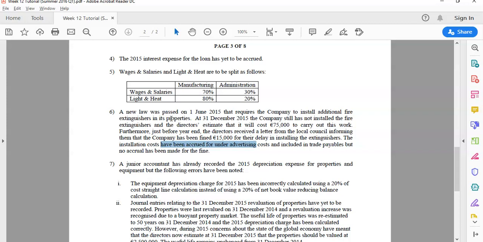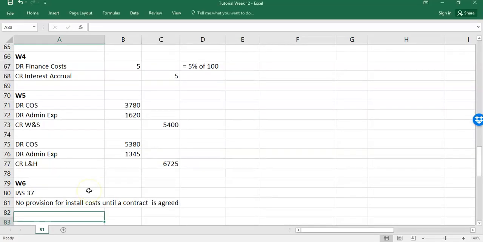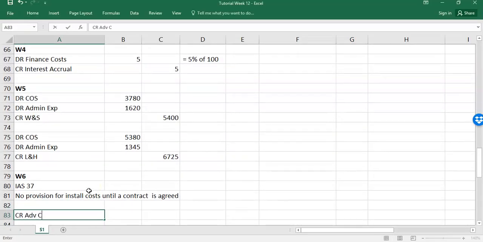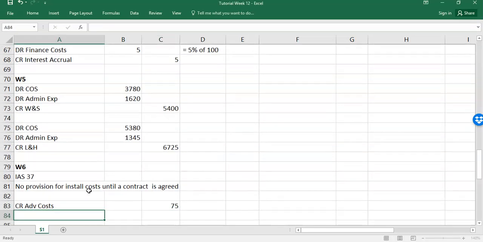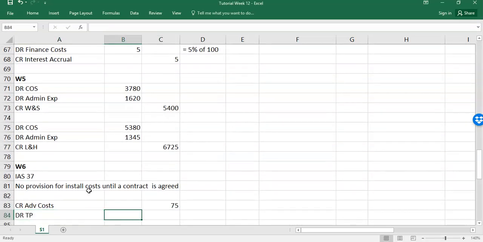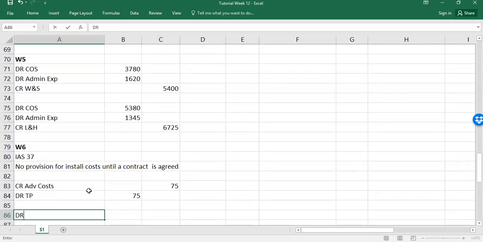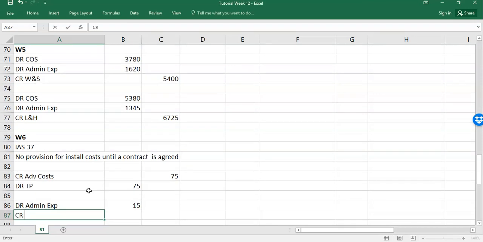The only thing you will do for now is you have to pay the fine because that is there. So what you're going to do is credit advertising costs 75, debit trade payables 75, and you're going to debit here admin expenses for the fine 15, and you're going to credit trade payables 15.